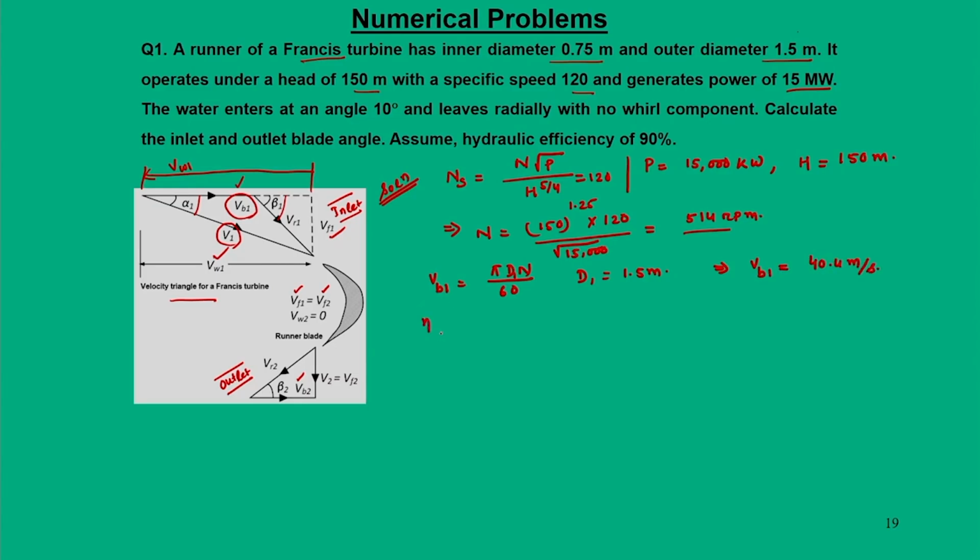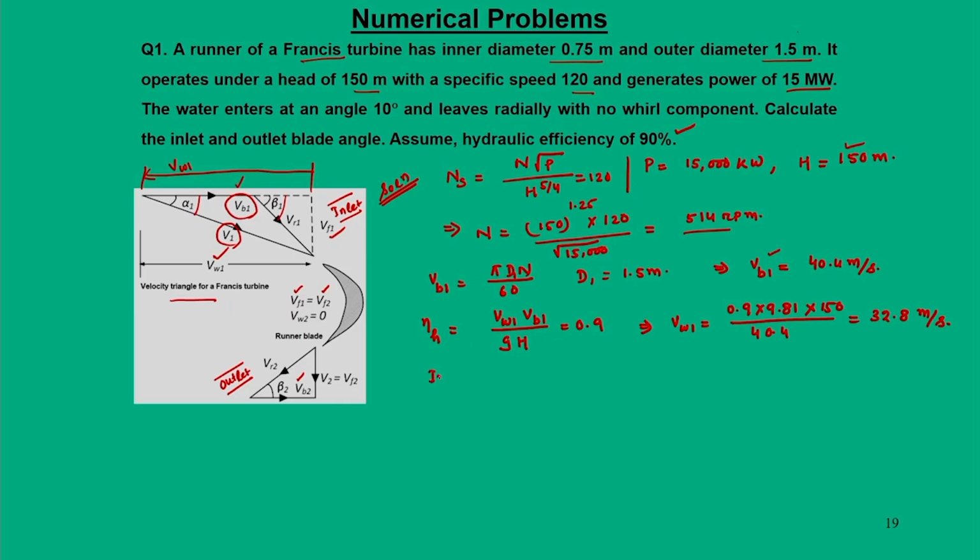Now, we can write hydraulic efficiency eta h is equal to Vw1 Vb1 divided by g times H, that is equal to 0.9, and then we have Vb1, we have H is equal to 150. So, this will give you Vw1 value. So, Vw1 will be 0.9 into 9.81 into 150 divided by 40.4. So, this is 32.8 meter per second.